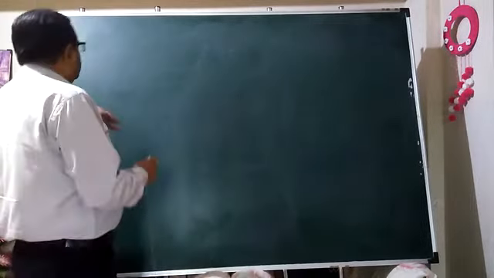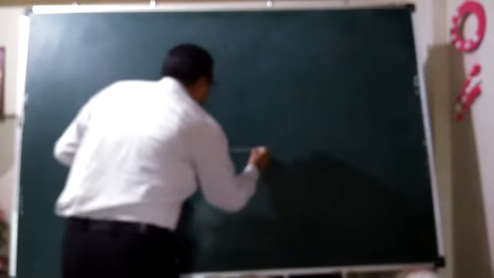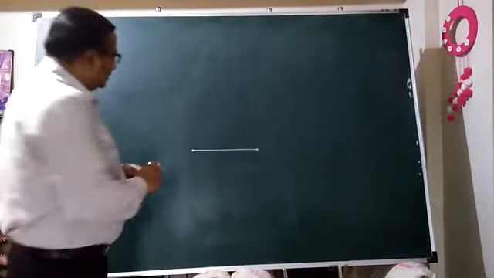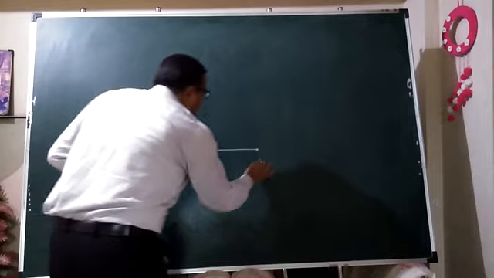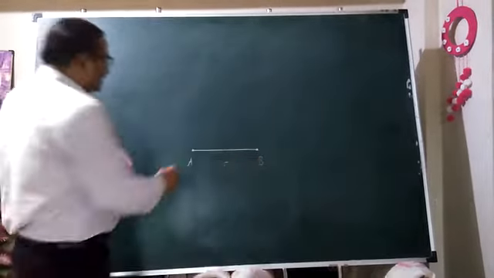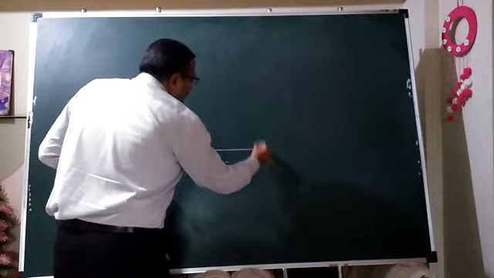Okay, so square, a very simple method of construction. Draw one horizontal line. Suppose we are going to construct a square carrying 35 mm side length. So first of all, you construct a horizontal line of 35 mm. Okay. Now geometrically we are going to construct this square.